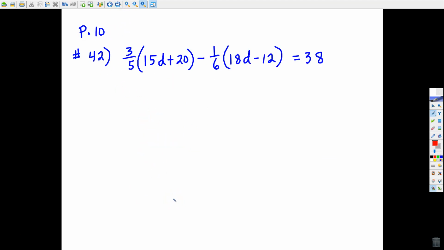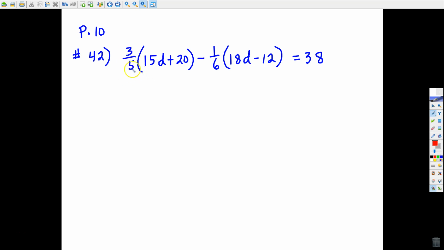Okay, next page. This is number 42. And this is going to involve the distributive property, but I'm doing this because fractions give some people a little trouble. We did a problem like this in your notes, but I'll work through this one as well. So there's two ways of thinking about multiplying 3/5 times 15.